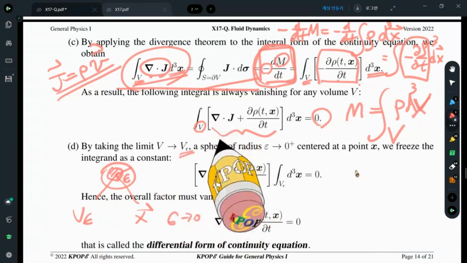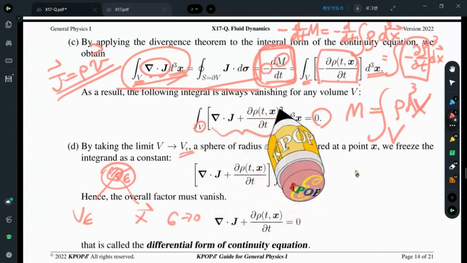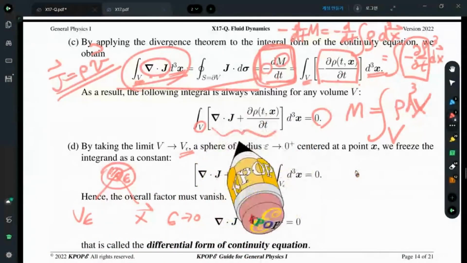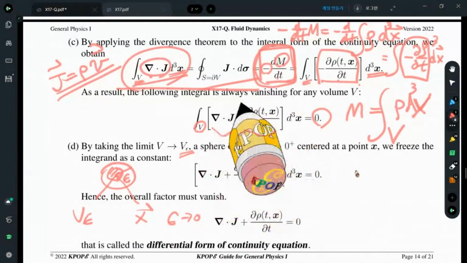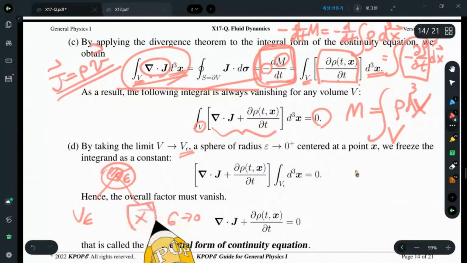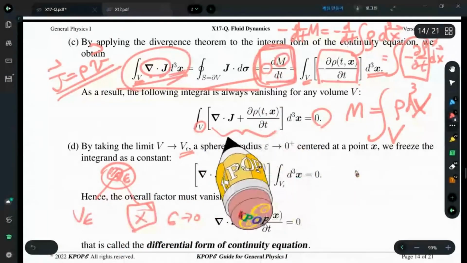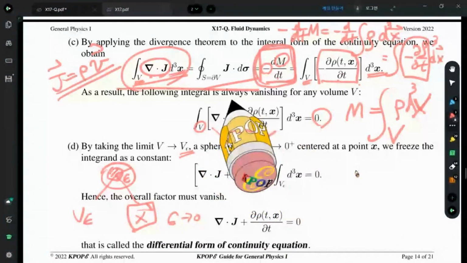In that case, this one integrand is evaluated at a single point at X. So I can factor this integrand out.